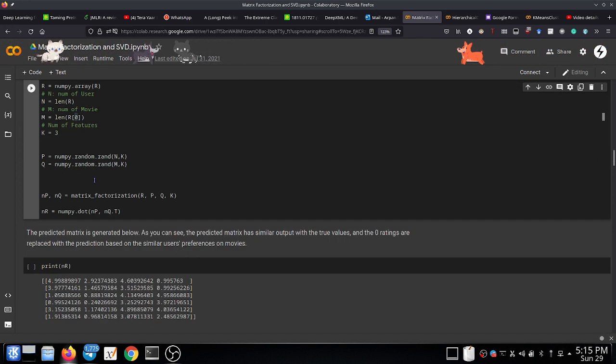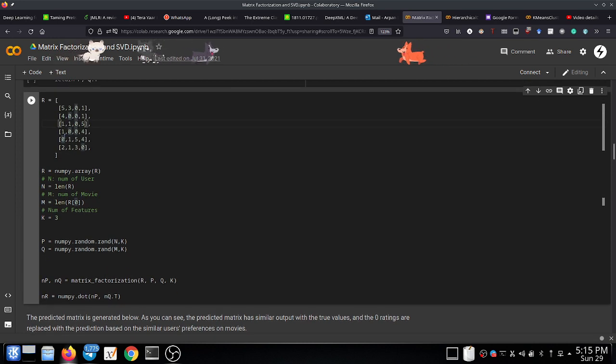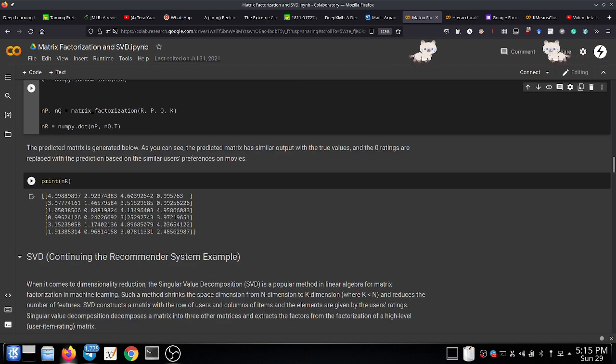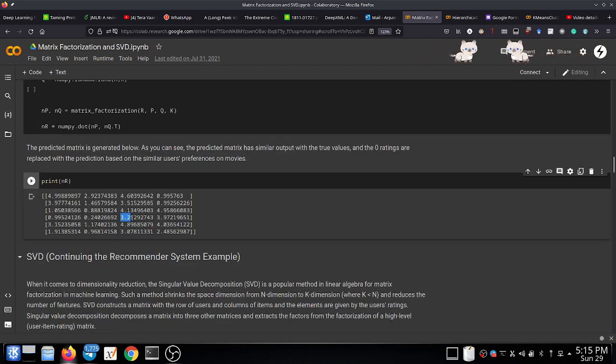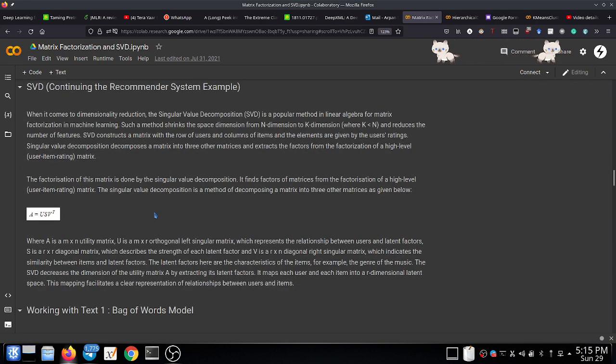These zeros represent that, and matrix factorization can be used for a very interesting purpose: once we complete this matrix, we can estimate how each user will rate the items they haven't yet rated. So here we are estimating that this user would have rated this item 3.25. So yeah, that is the idea.